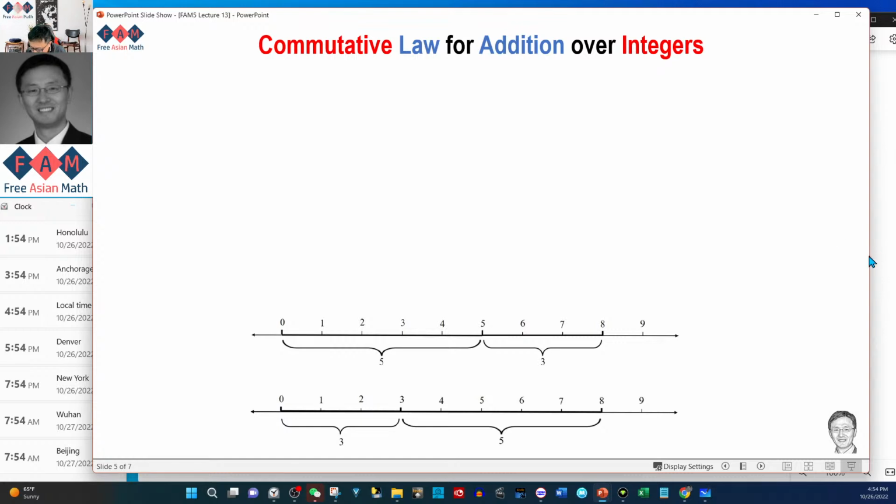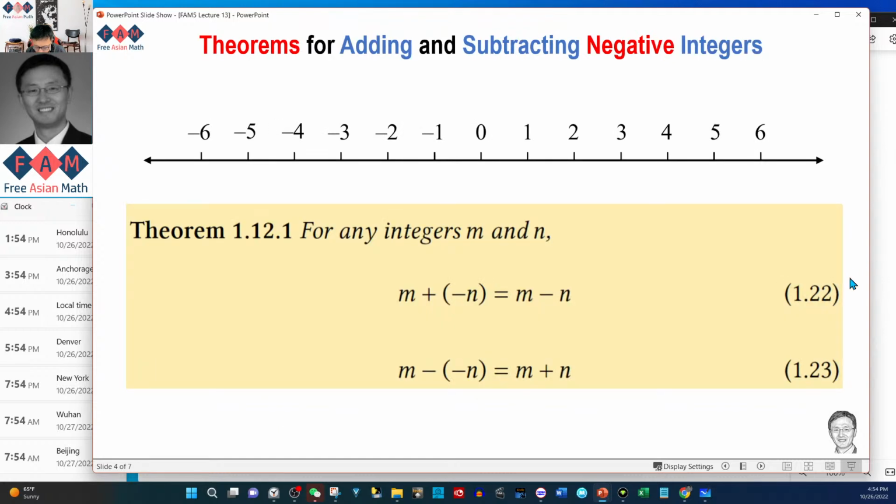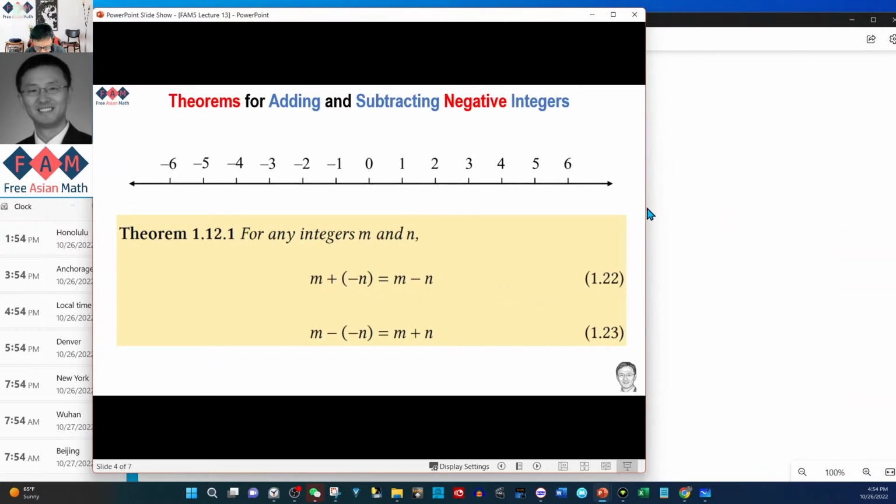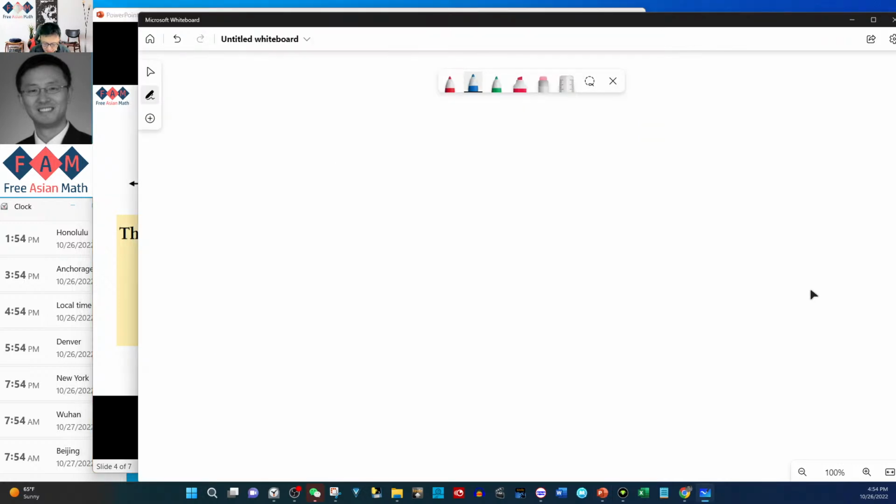And the proof will be based on either some definition, some axiom, or some already proven theorem. So let's prove those two results. The first result is m plus the negation of n equals m minus n.